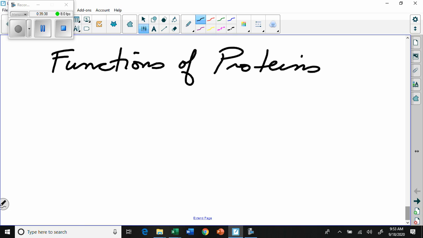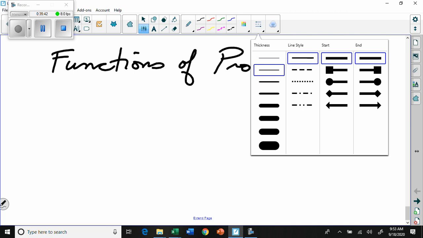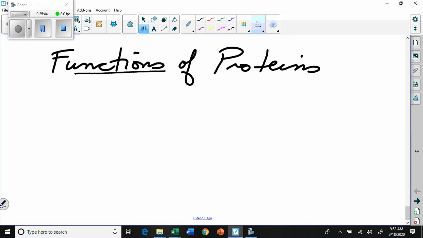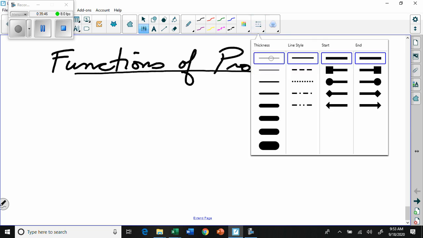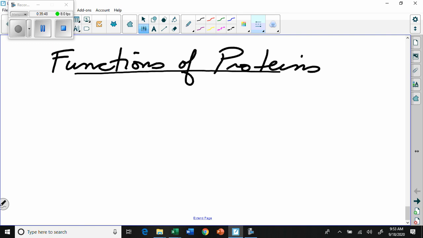What can they do? Well, because they're so complicated, they can do lots of things. Mainly, what proteins do is they function as structural components. They can help form more complex structures of cells.